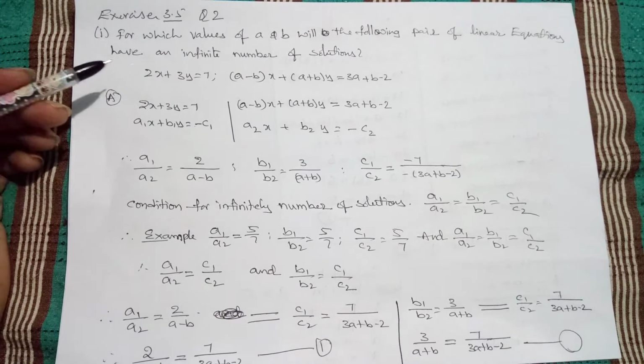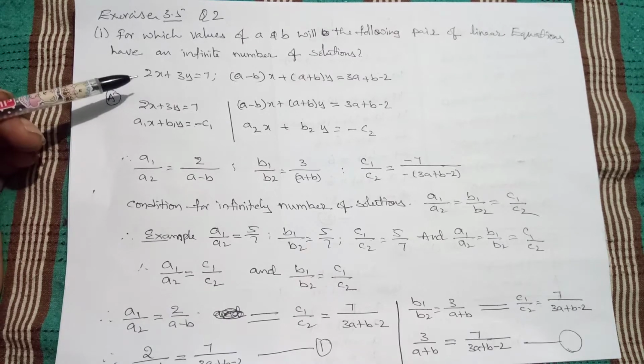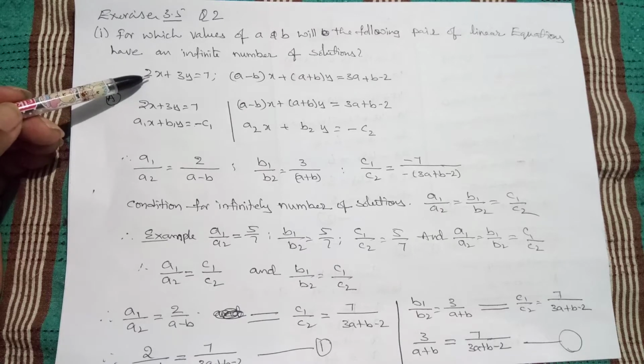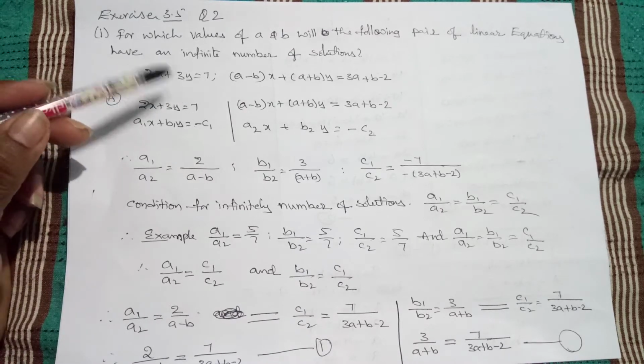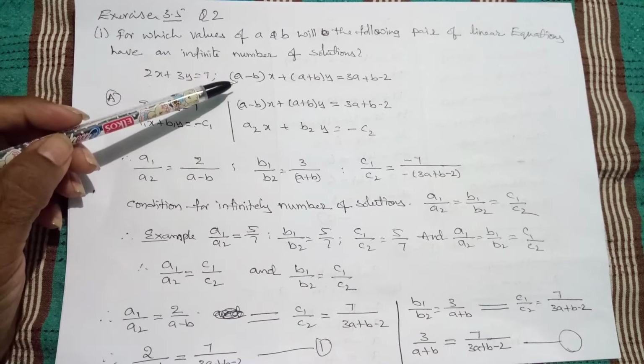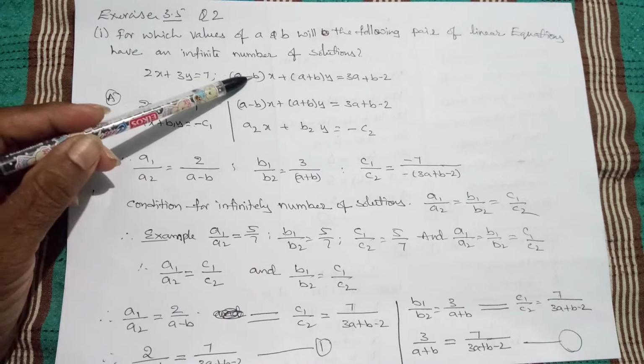Now here they have given two linear equations in two variables. The first one is 2x plus 3y is equal to 7, but the second equation, if you see, has two other constants, a and b.